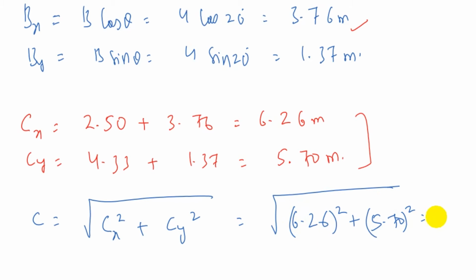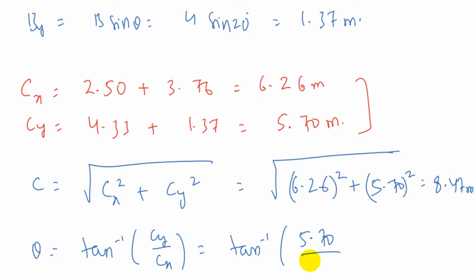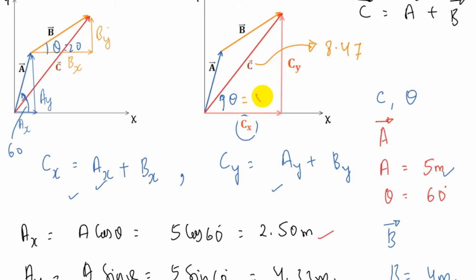On solving this we get the value to be 8.47 meter, and theta would be equal to tangent inverse of Cy over Cx. So tangent inverse of 5.70 over 6.26, which would be equal to 42.3 degrees. So this is 8.47 and this angle theta is 42.3. This is the way we add two vectors.